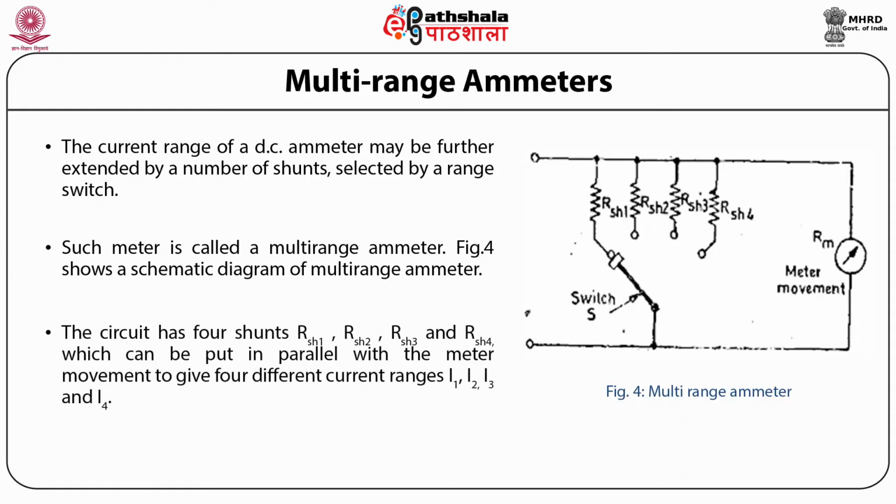The circuit has 4 shunts: RSH1, RSH2, RSH3 and RSH4, which can be put in parallel with the meter movement to give 4 different current ranges, that is I1, I2, I3 and I4.